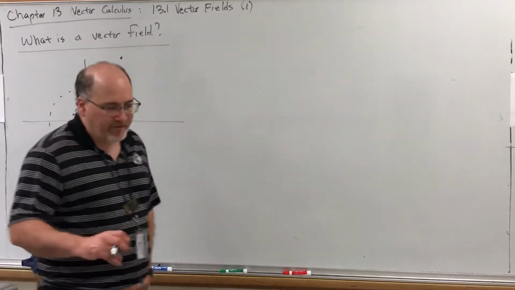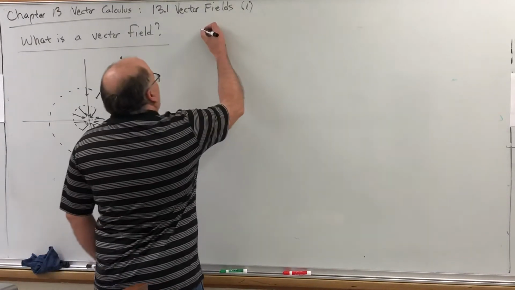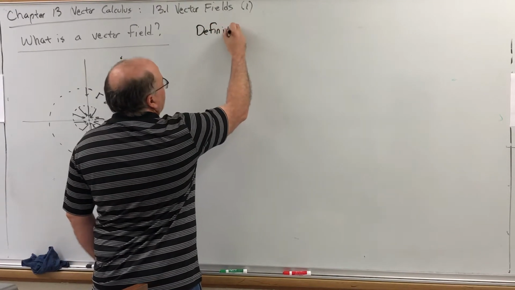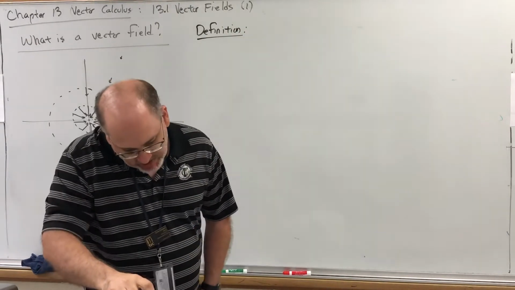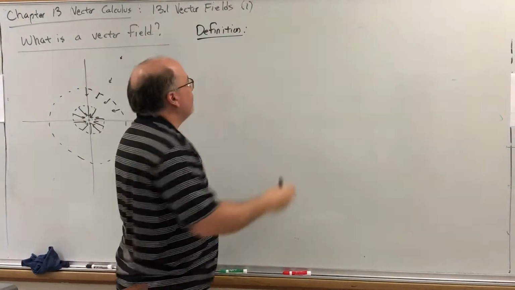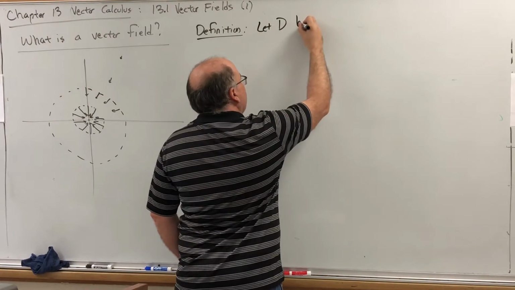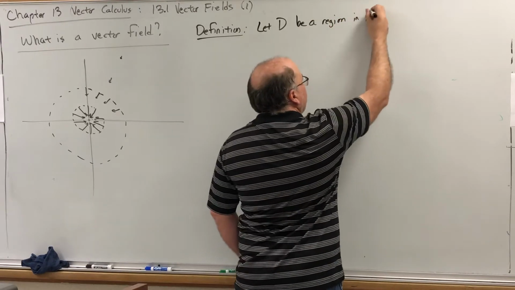Now, that's not the formal definition of a vector field. The formal definition of a vector field is actually quite simple. We're going to define a vector field first in 2 dimensions. All right, this comes directly off of page 755. So we're going to let D, capital D, be a region in R2.